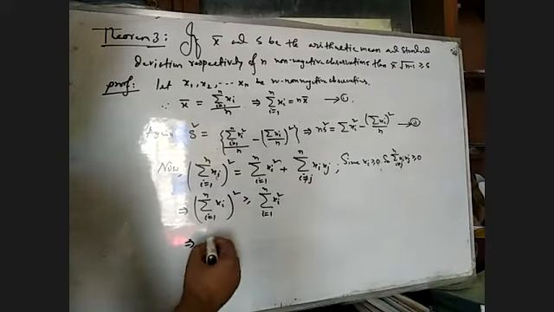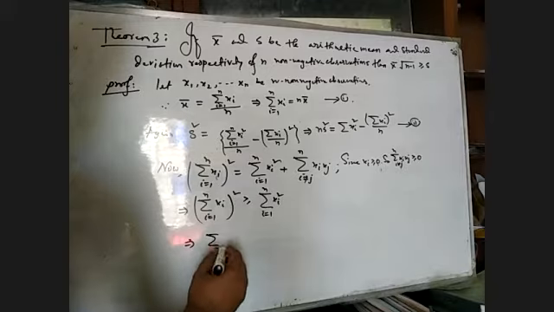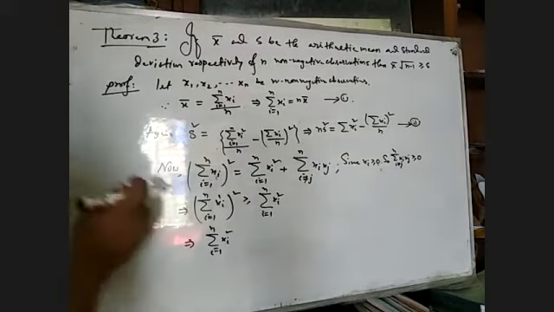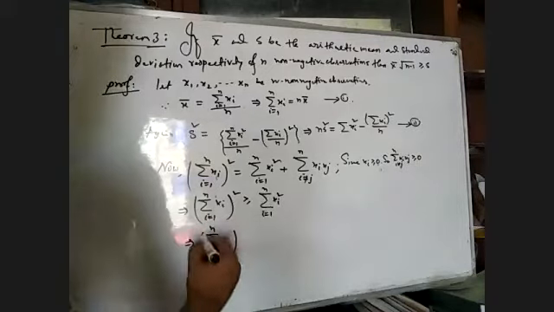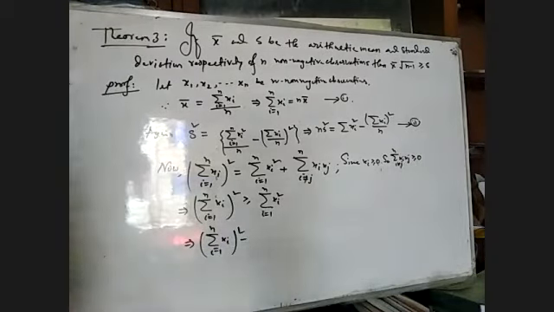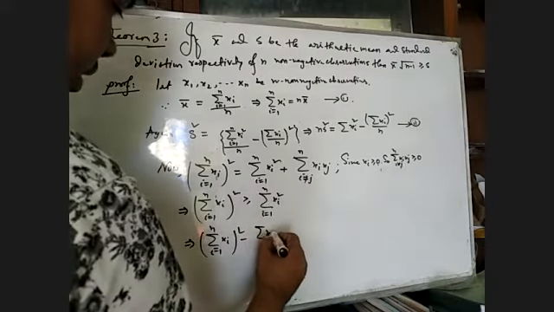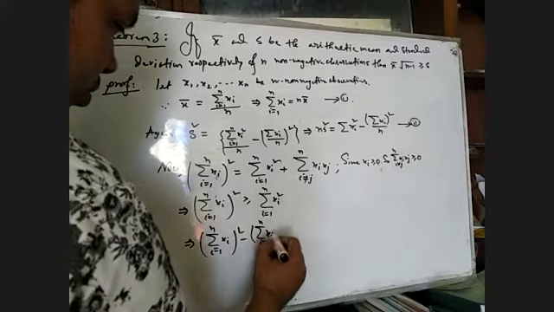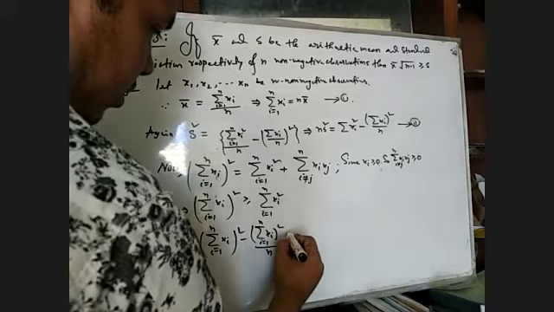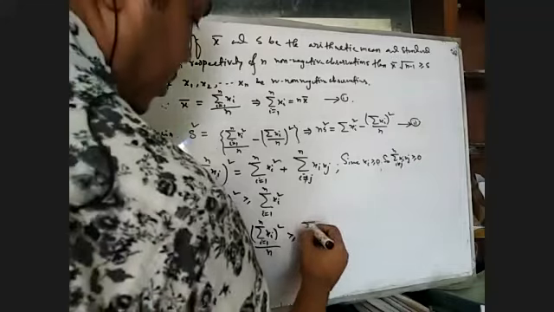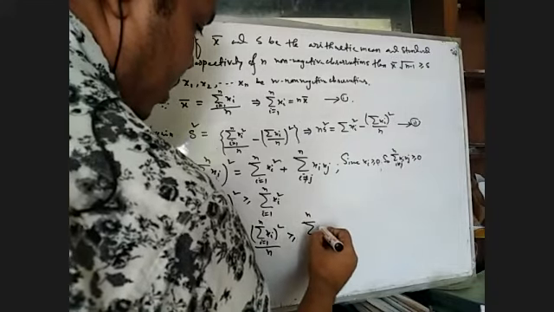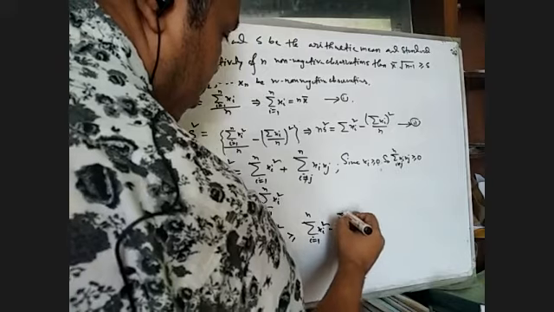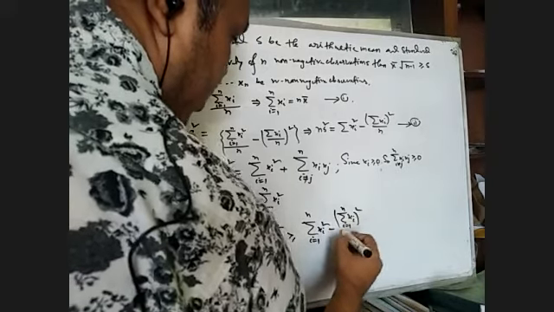Now subtracting, summation xi square, i equals 1 to n, minus (summation xi, i equals 1 to n) whole square by n, greater or equal to summation, i equals 1 to n, whole square by n.